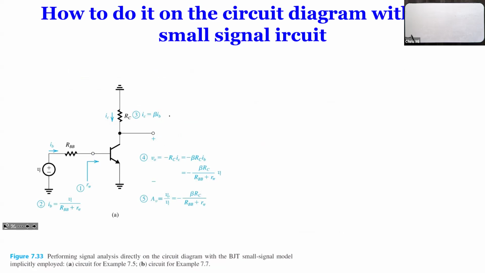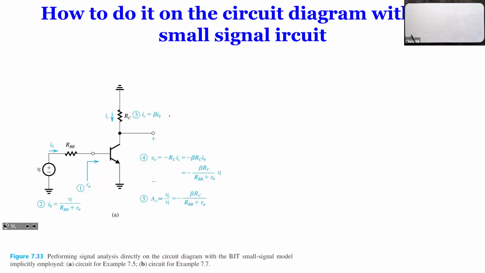They simply assume that this is my model. Why do I have to draw it? I simply can analyze the voltage and the current and so on. I know the equations, I can do it. So in here, what we're doing is, first of all, we find IB, and then we find R pi, and then we find IB to be VI divided by this, and then we find IC, and then we find IO, and then we find AV.